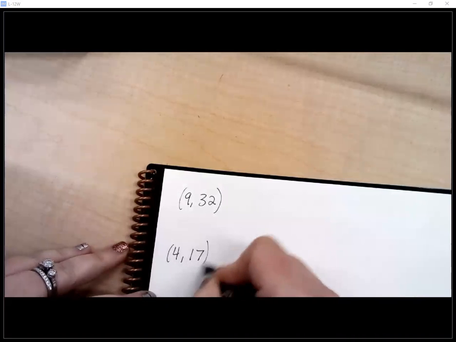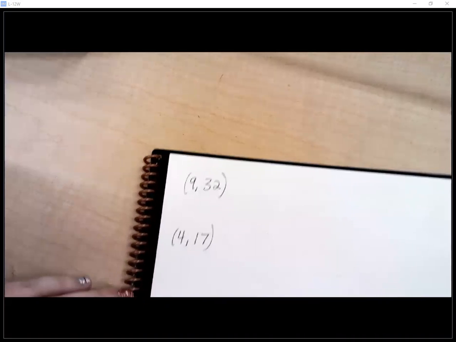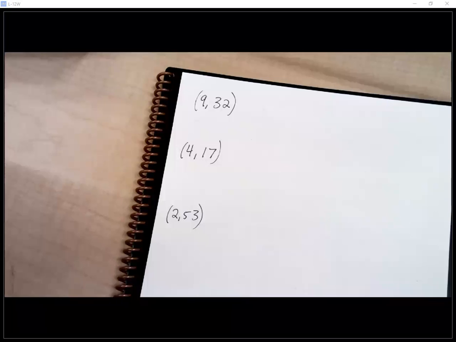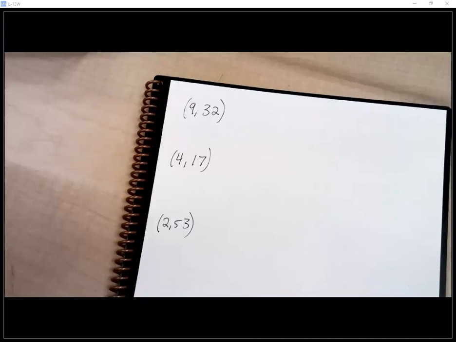And the third point, gosh, these are big numbers, but we got calculators too, and your brain is the best calculator there is. 5 comma 3. The paper wasn't in frame, Brandon.